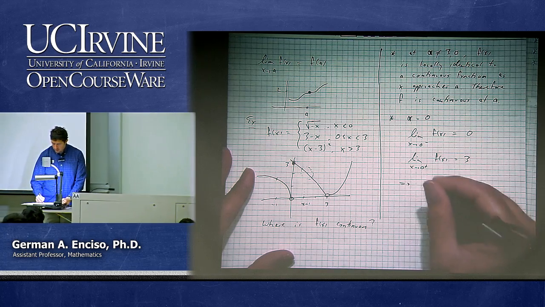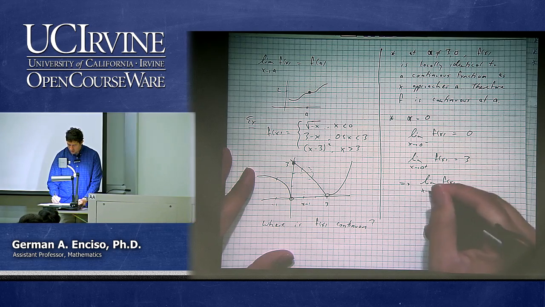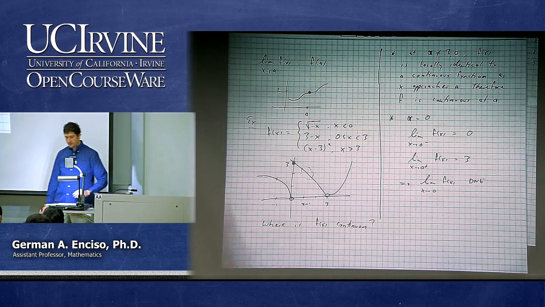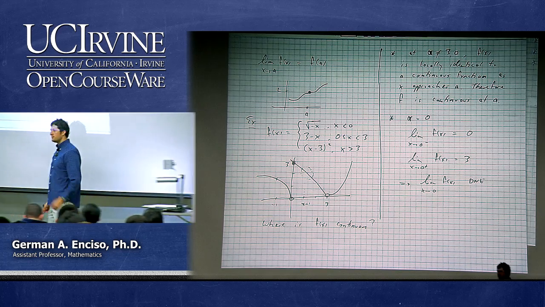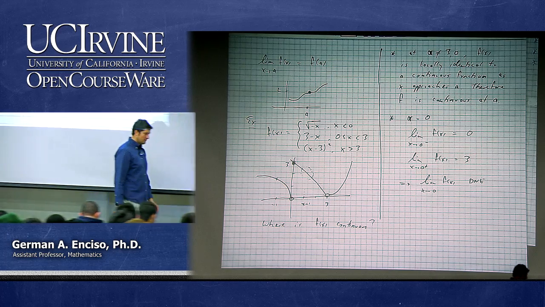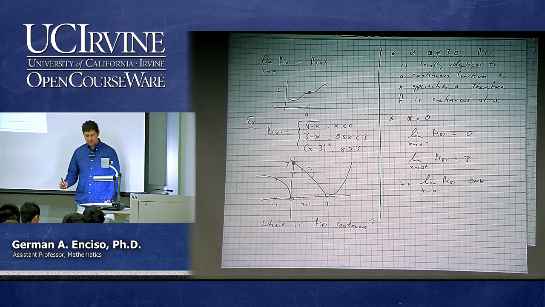So the limit of f of x when x goes to 0 does not exist. Great. So not continuous at 0.